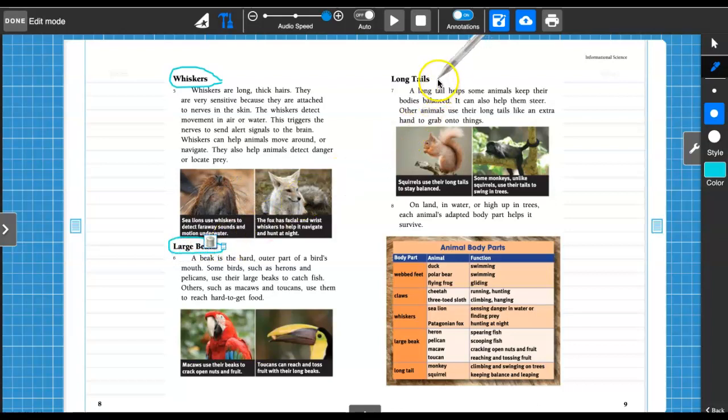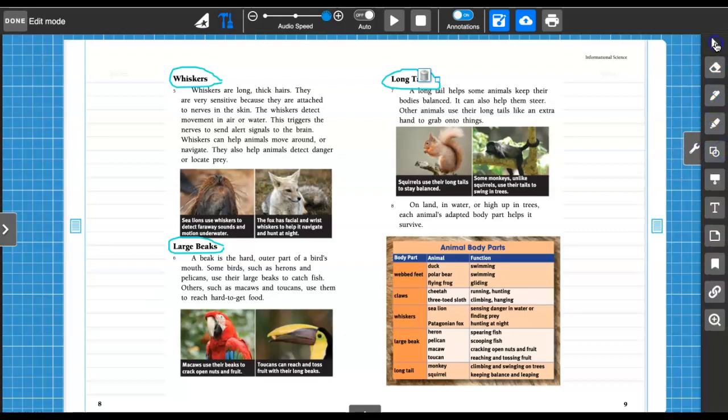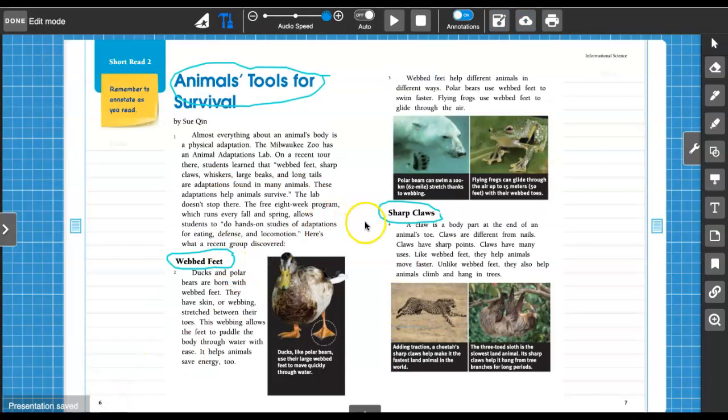This is another tool, the animal's long tails. So as I read, I'm going to make sure to keep in mind the title of the story, how the animals use these tools to help them survive.